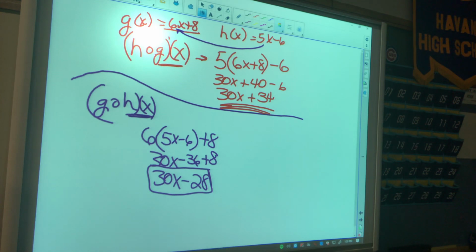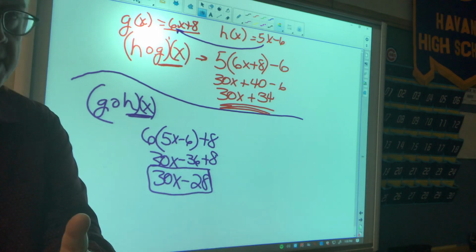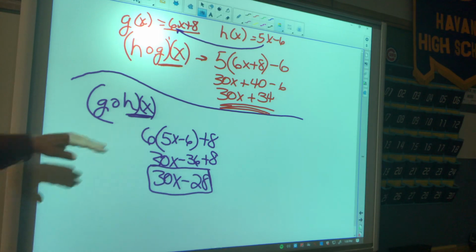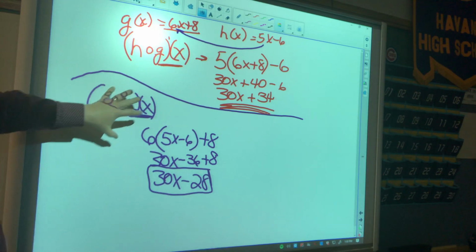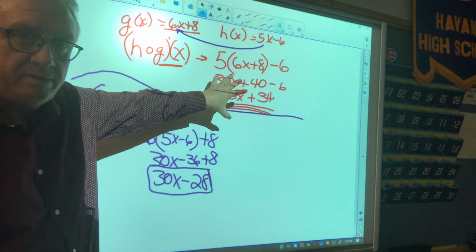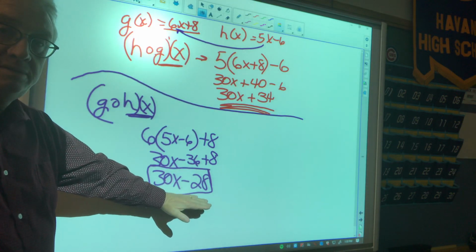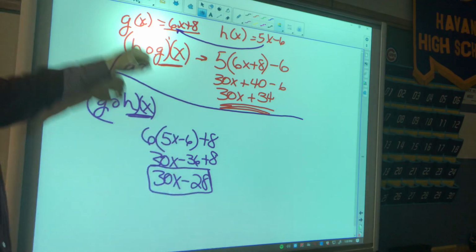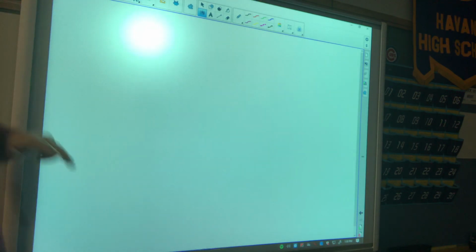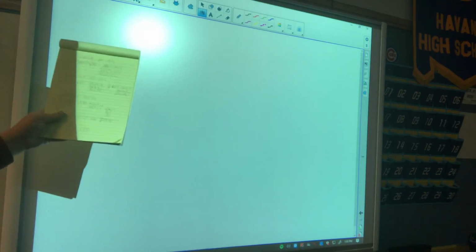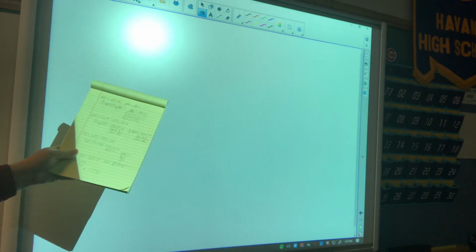Now let's take a look at something just a little bit different. One thing I want to say here, before I change to the next screen, is notice when we're taking the function of a function, we end up with another function. That's very important to think about, because in this next example, we're going to take the function of a numeric value.